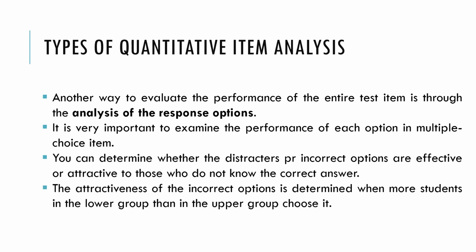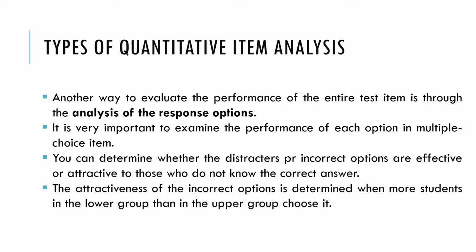Next, the attractiveness of the incorrect options is determined when more students in the lower group than in the upper group choose it. So when can we say that the incorrect options are attractive? When there are a lot of students in the lower group who answered the incorrect option compared to the upper group. Ang ibig sabihin, kailan nagiging attractive yung incorrect or yung maling sagot?